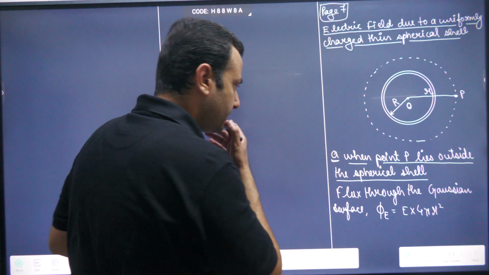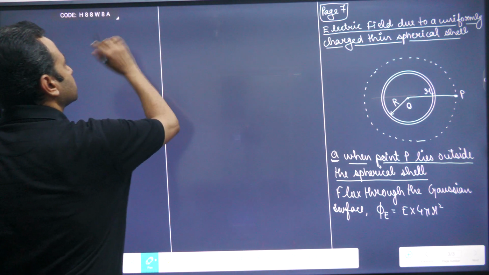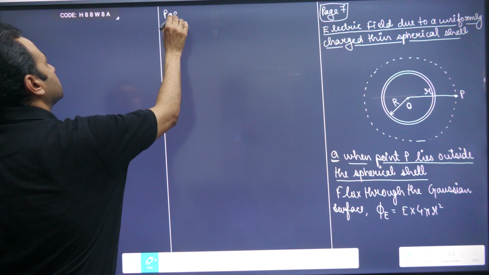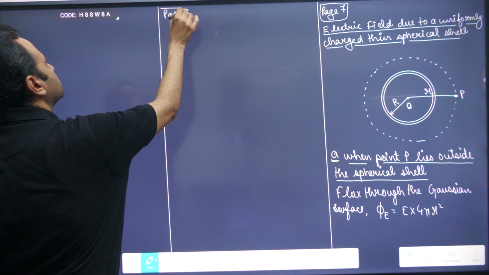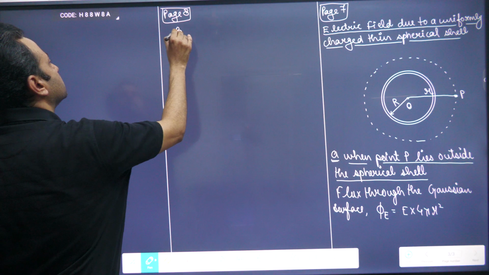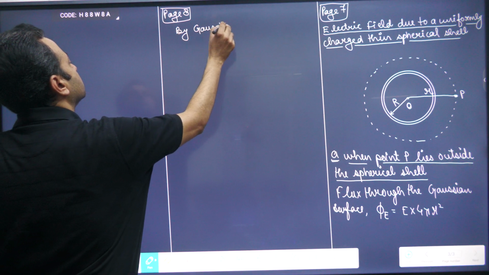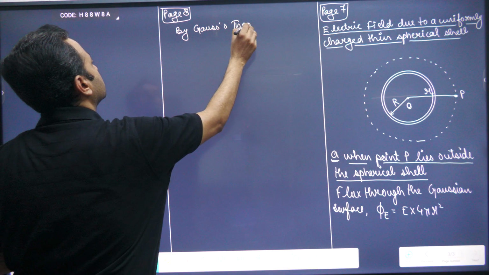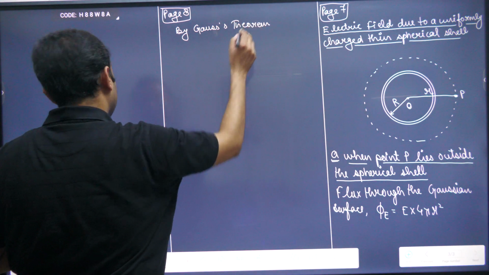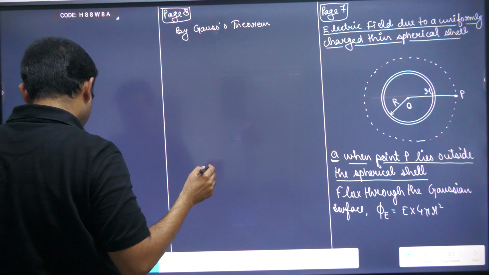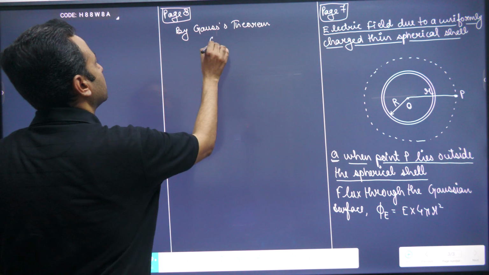By Gauss theorem, phi E is equal to Q upon epsilon naught.